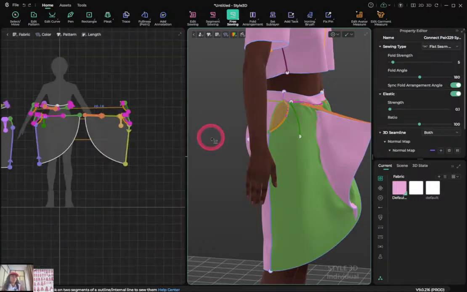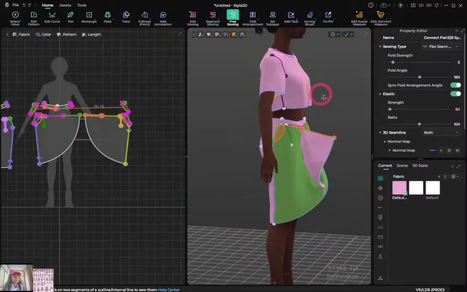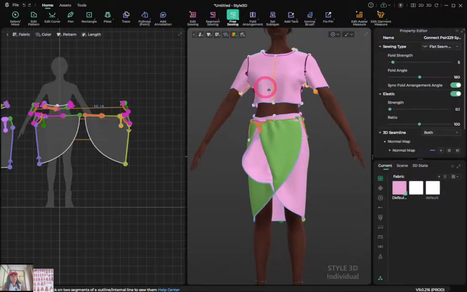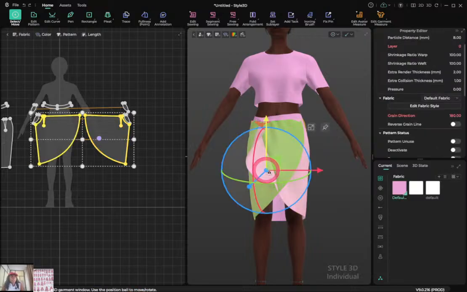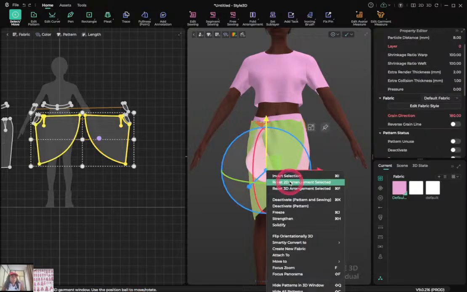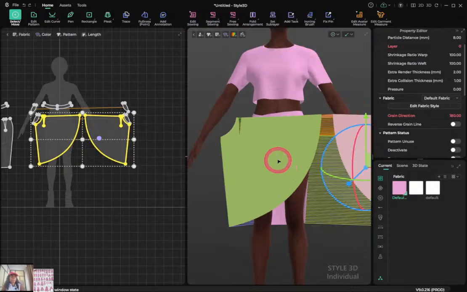This is going to be so hard. So what I'm going to do is arrange them according to how they're going to be sewn. I'm going to right click and reset 2D pattern.